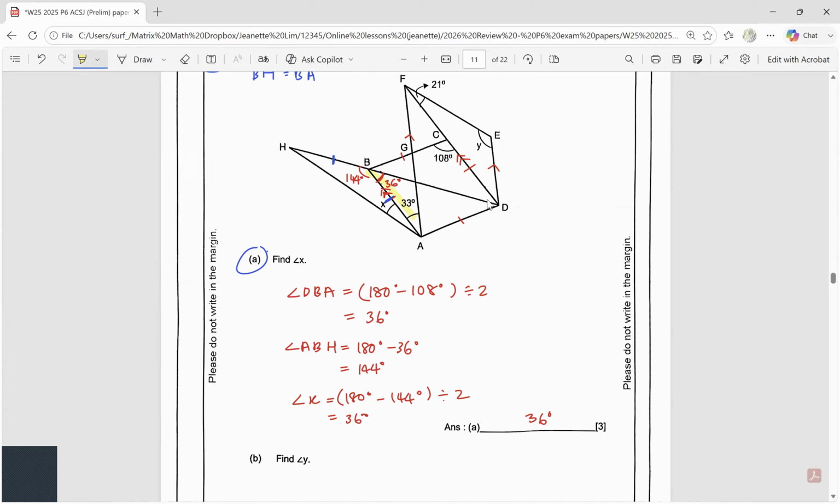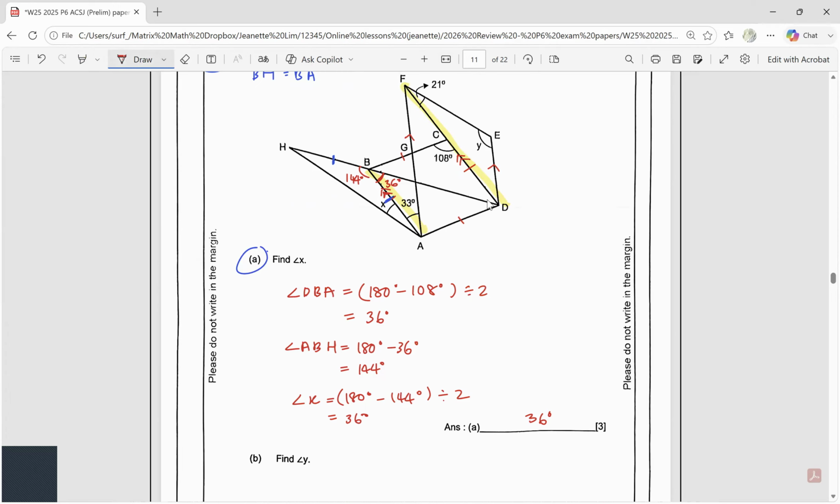Now I'm looking at these two parallel lines. Okay, what I want to do is to find angle Y. Angle Y and this angle here will add up to 180 because they are angles between a pair of parallel lines, AF and ED. Okay, AF and DE, these two angles add up to 180. So if I know this, I can find Y.